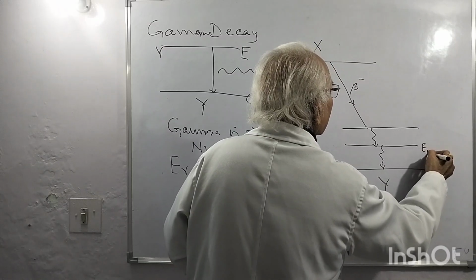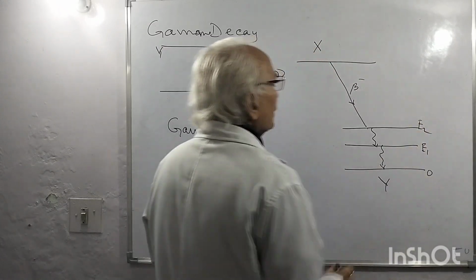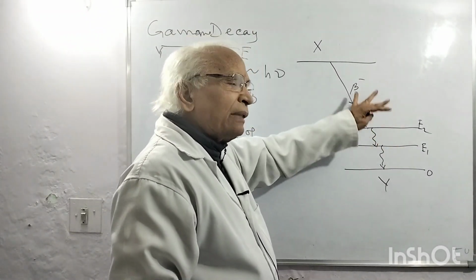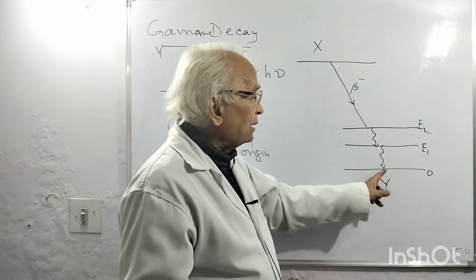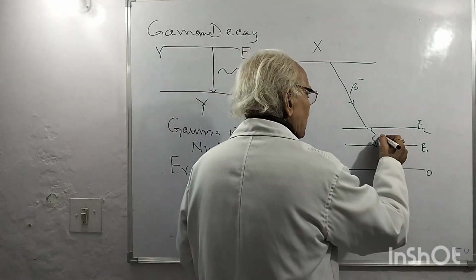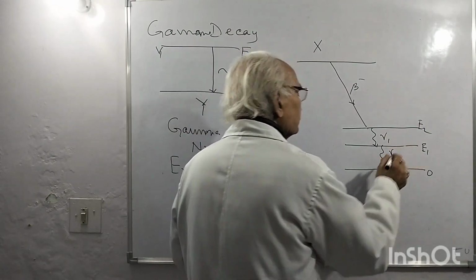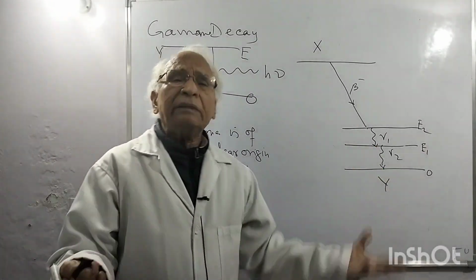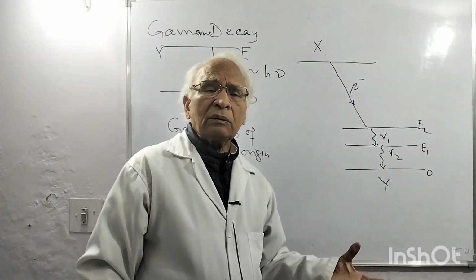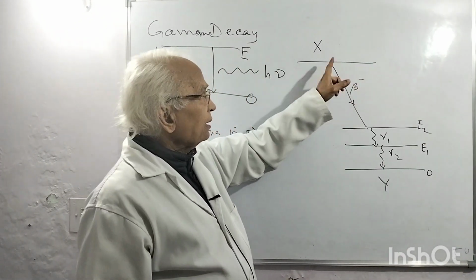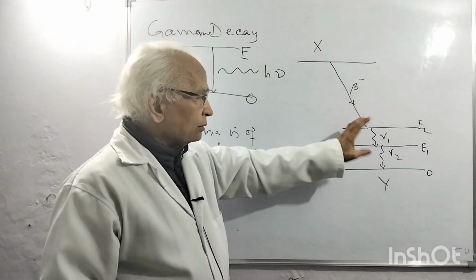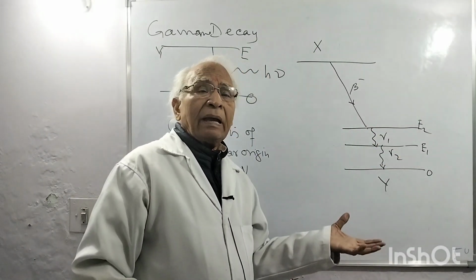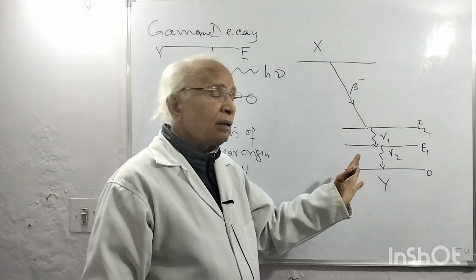This is excited states E1, E2. So in this beta decay, while the system remains excited, it comes to the ground state by emission of gamma. So these radiations, which are energy quanta, come out in nuclear de-excitation. This is a beta particle, so these are called gamma radiation. So gamma radiations may be associated with the beta decay.